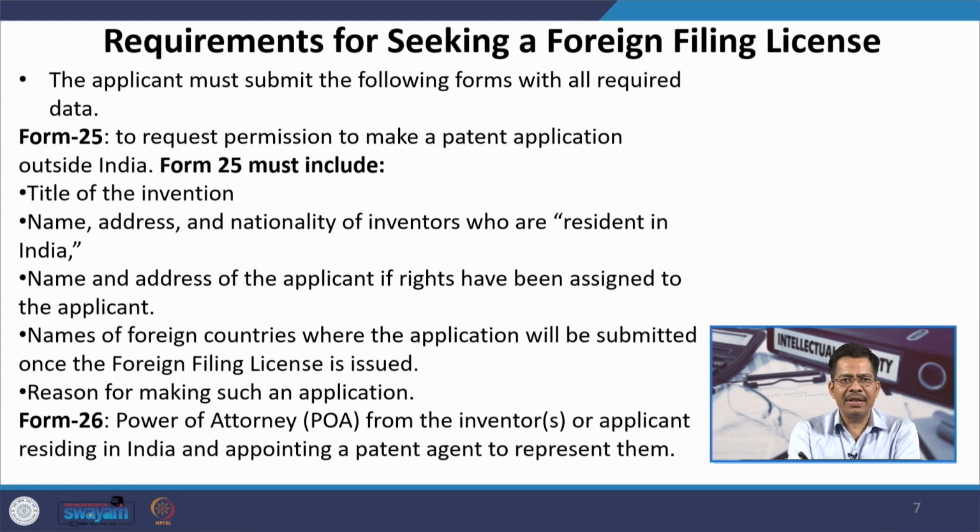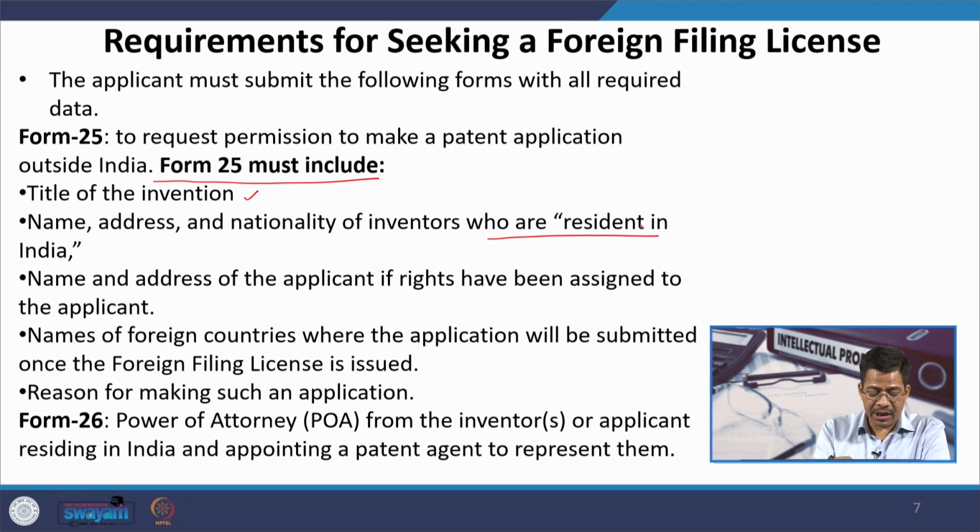Now, in this form 25, the important things which you have to mention: the title of invention, name, address, nationality of inventors, and in fact who are resident in India, it is required particularly from them, and name and address of the applicant if rights have been assigned to some other applicant, names of the foreign countries where the application will be submitted when you get the FFL, and reasons for making such an application.